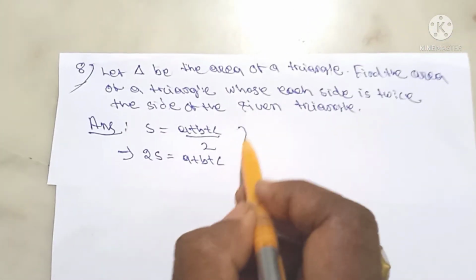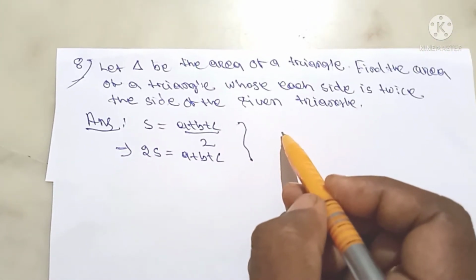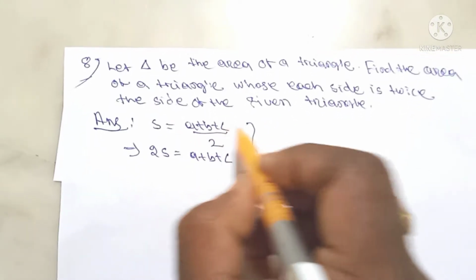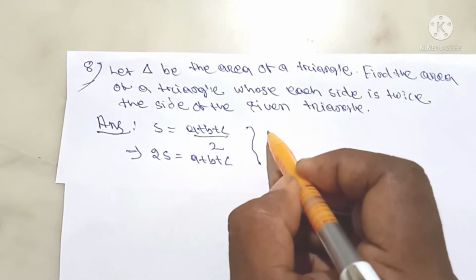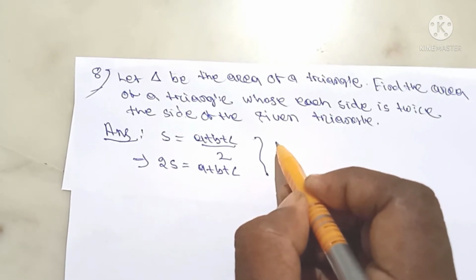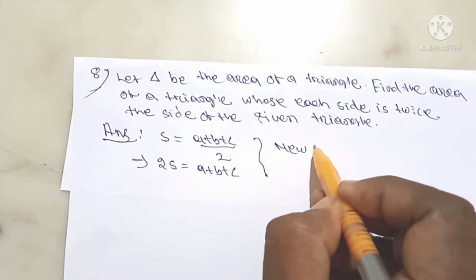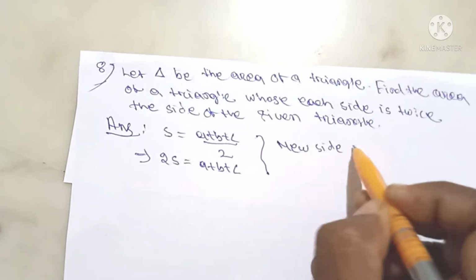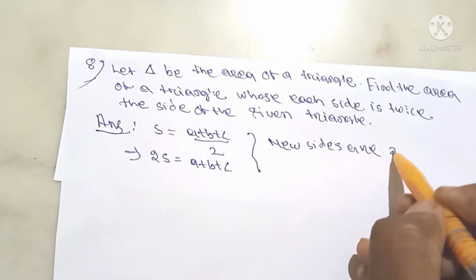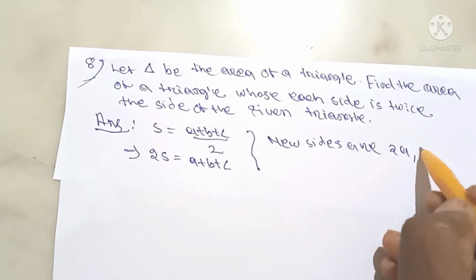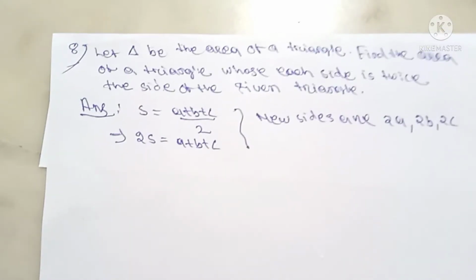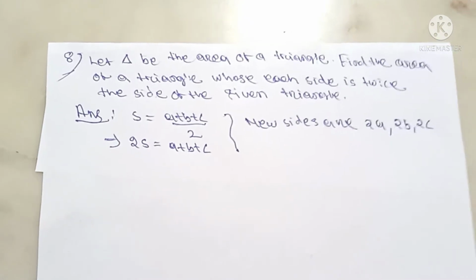According to the question, each side of the triangle is double. If the three sides are A, B, C, then the new sides are 2A, 2B, 2C.